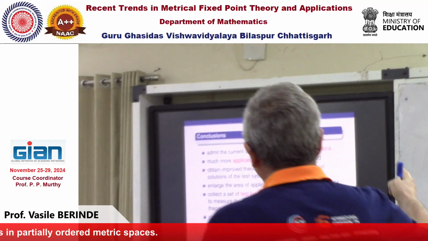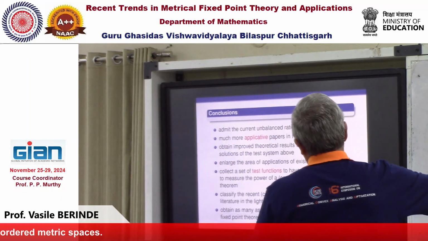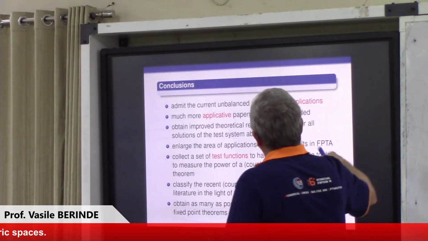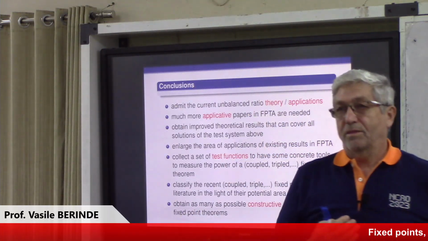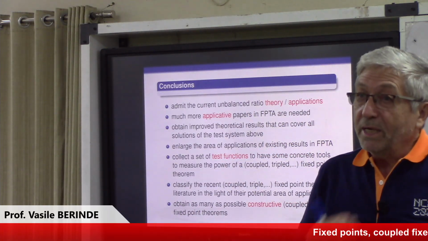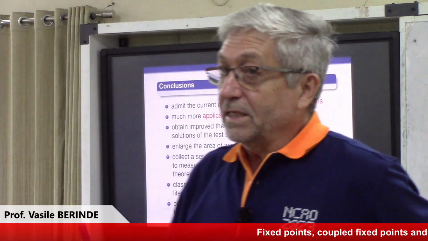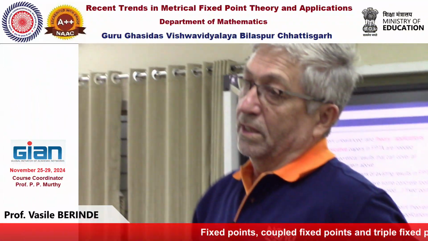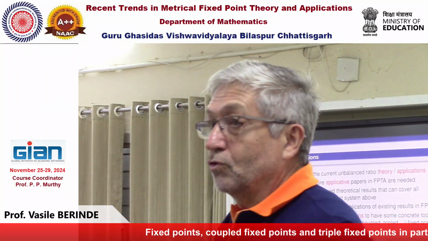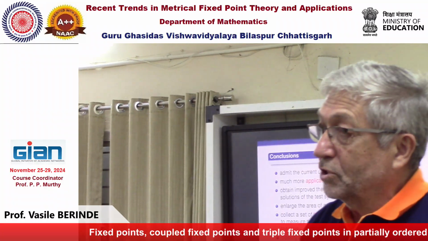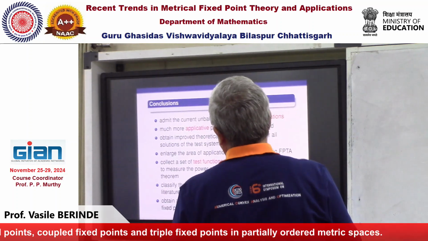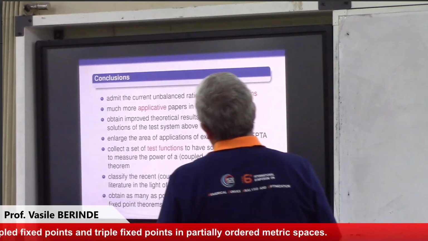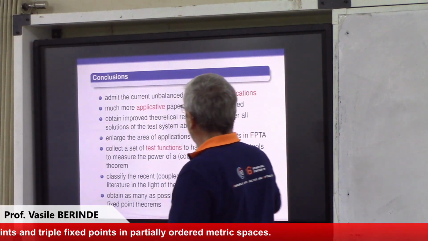As I have shown you here, some simple applications are not covered by our theoretical results. This means there is room for improvement. So we should try to find other, weaker assumptions to find other theoretical results to solve this applicative problem.